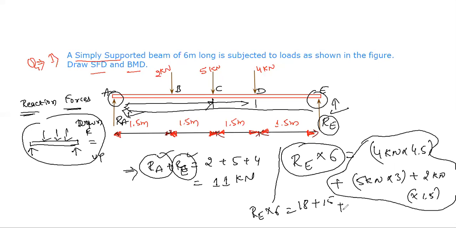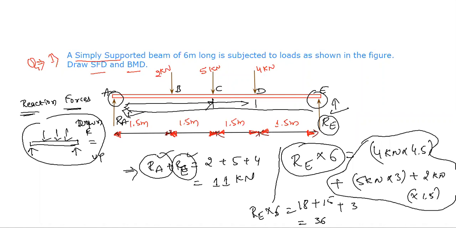Next we have 2 into 1.5, it will be 3. Totally together, how much? 36, right? 18 plus 15 plus 3 is 36.